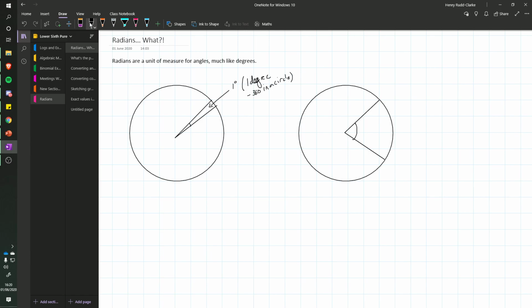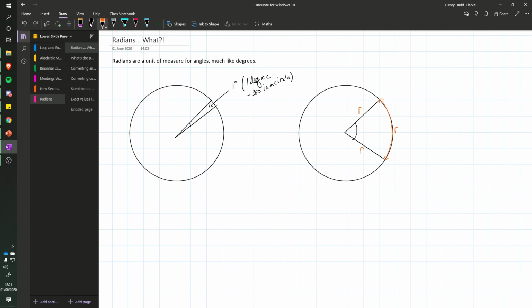So if I have a circle like this, and I make a kind of pizza wedge on it, I'm going to say that pizza wedge has side lengths r, because that's the radius of the circle. And I'm going to pick the size of this pizza wedge so that the arc length is also r. So it has a length of radius here, and then we also have this arc length going around here, which is the same length as the radius.